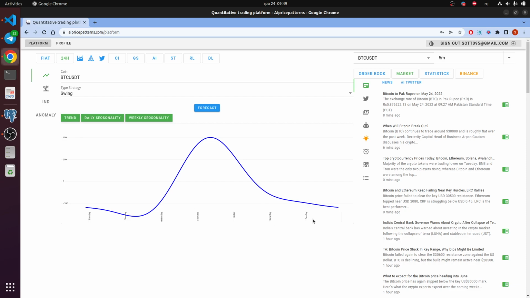On Sunday, Saturday, Monday, Tuesday, it means we could get different results from our trading bot compared to Tuesday. This we should analyze to understand how we could improve.